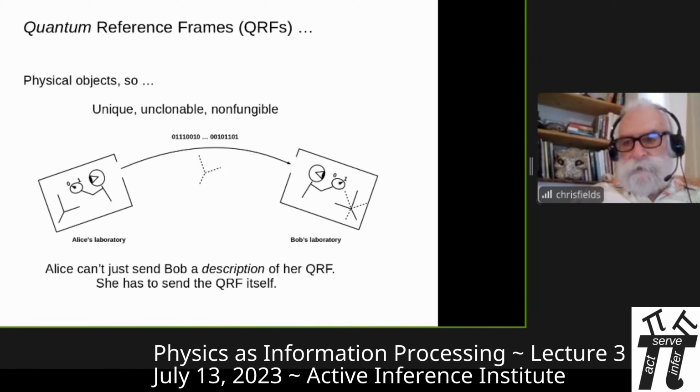And this has an important consequence for physics because it makes all replicate measurements approximate, because observers obviously aren't using exactly the same physical objects as their reference frames.